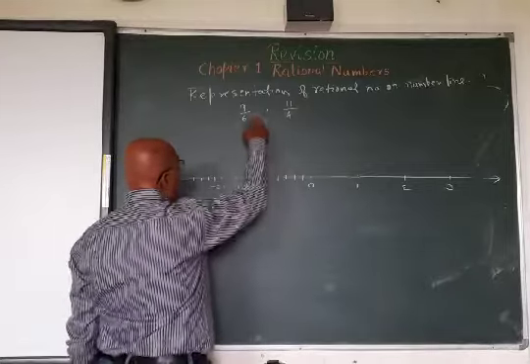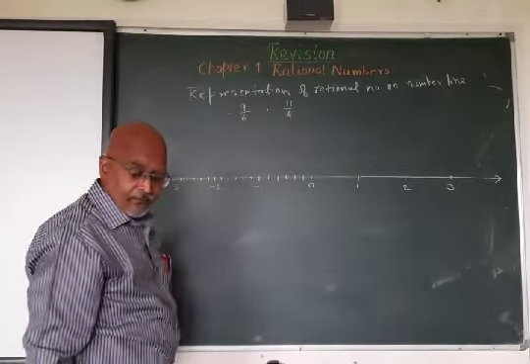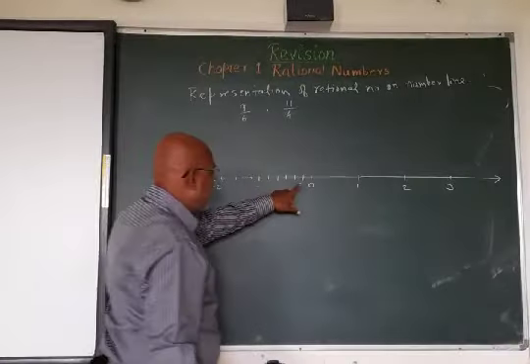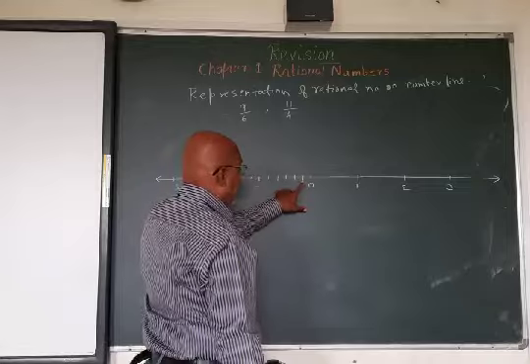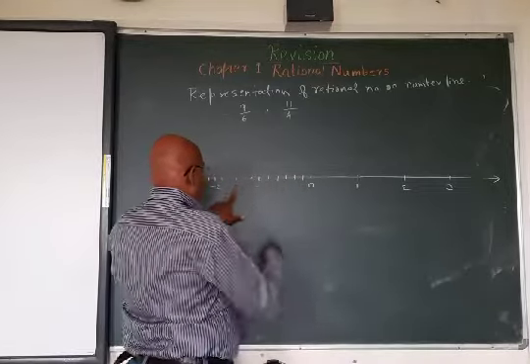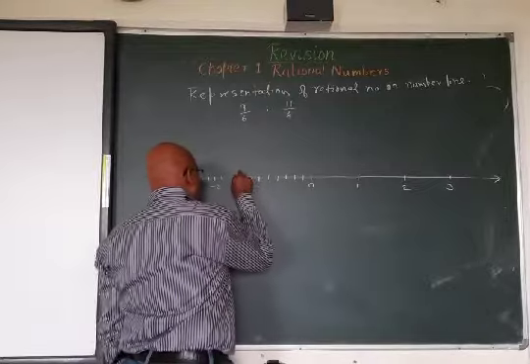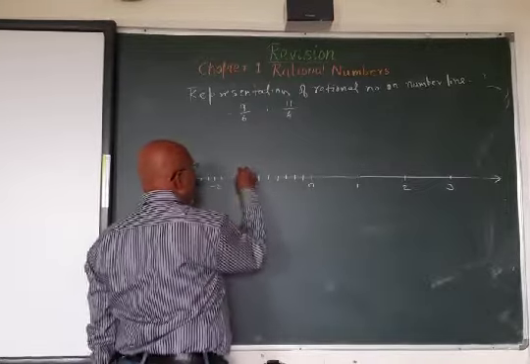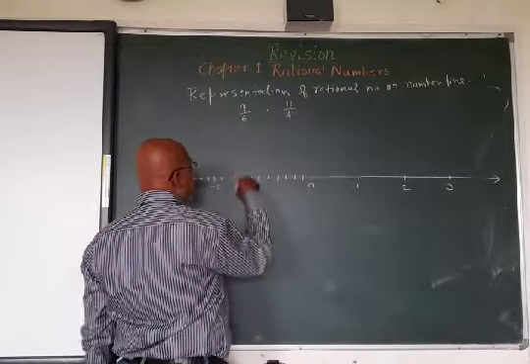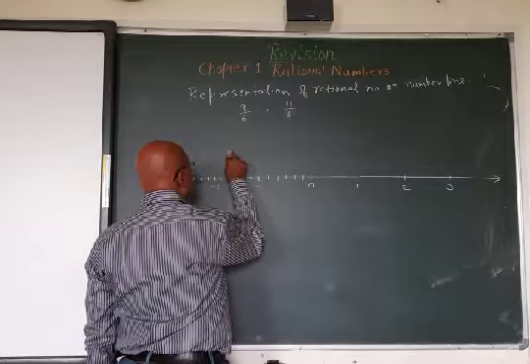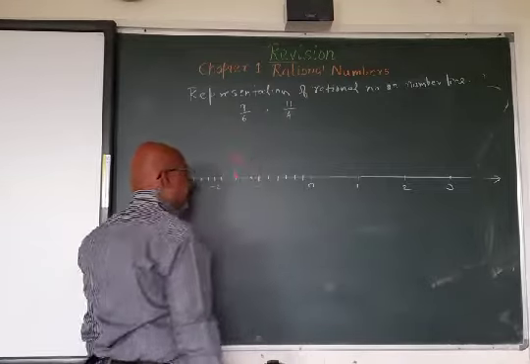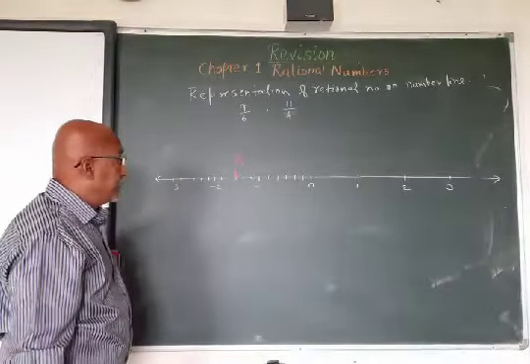Now it is 9. So what I will do is count that 9. This is my 1: 1, 2, 3, 4, 5, 6, 7, 8, 9. These marks represent minus 9 upon 6.